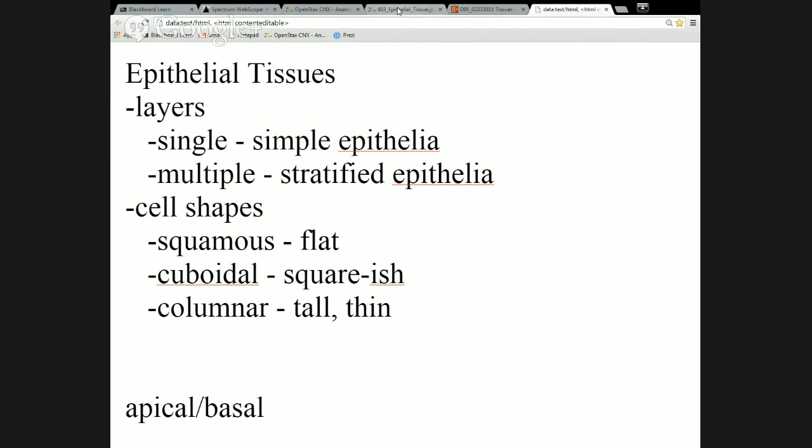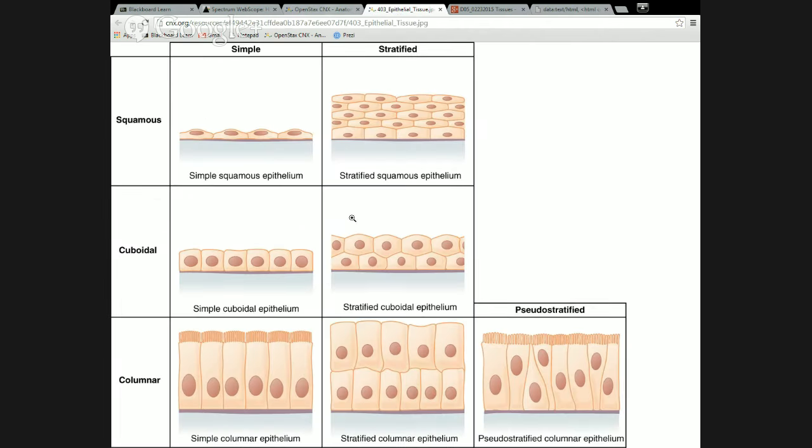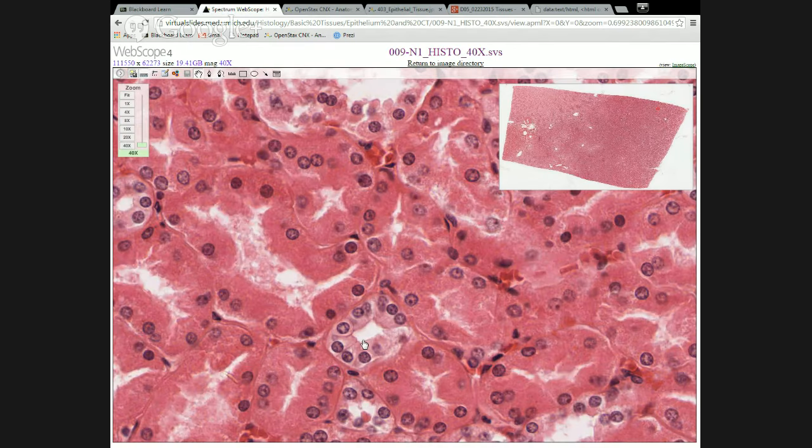In a cell, apical is always going to be the side that's next to empty space. Let's go back over here. The empty space in the middle of this tube, where the fluid that is carried through this tube is found, is lined by the top of this entire epithelium.